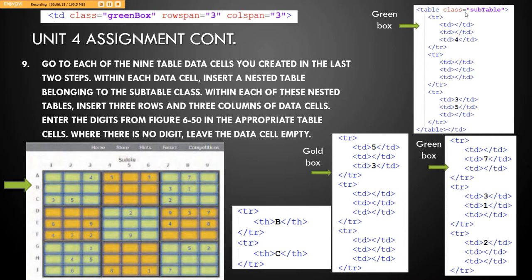You're going to start with the subtable, and you're going to create the gold and the green and the gold. And then you'll have your E and F, and then you'll have your G that you already created, the green, the gold, and the green. And you're going to do the same thing. So each one will have a subtable.